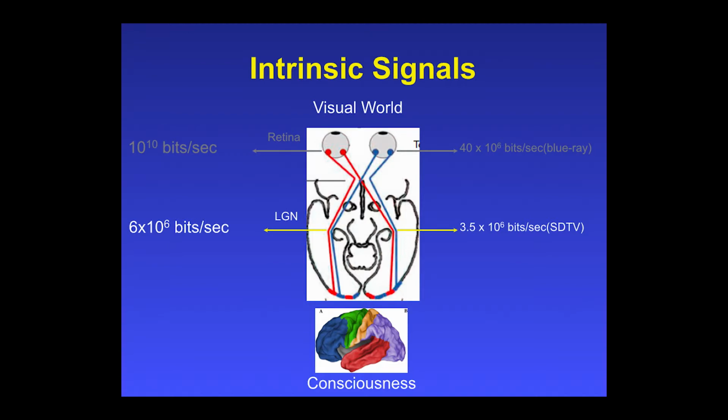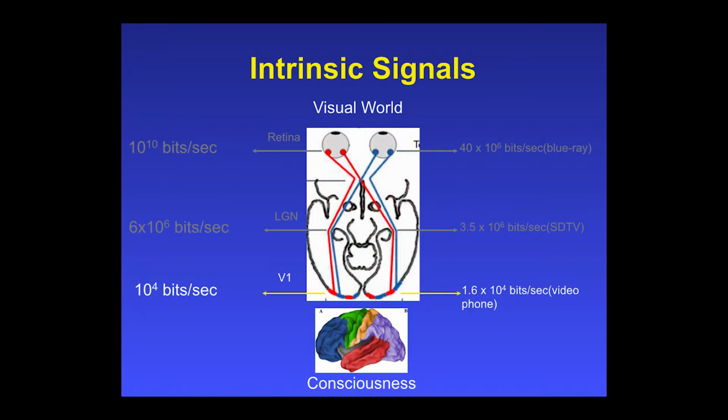That's about the same amount of information that a standard definition TV, the old school kind, produces. Does anybody even have those anymore? I don't know. By the time that information gets way back here, this is your visual cortex, the first part in your brain that actually sees this information. The information from your world has been degraded down to 10 to the 4th bits per second.